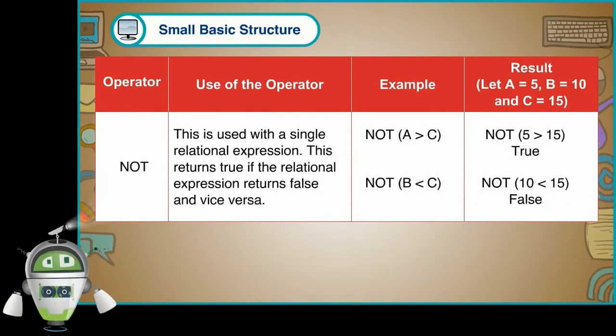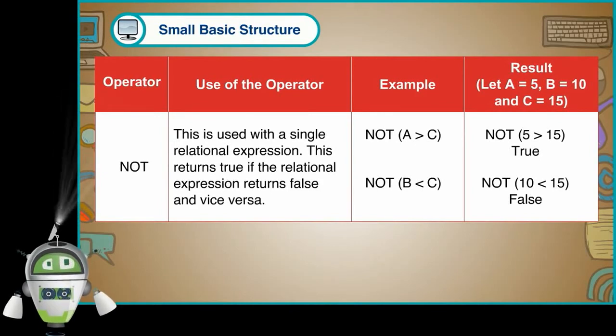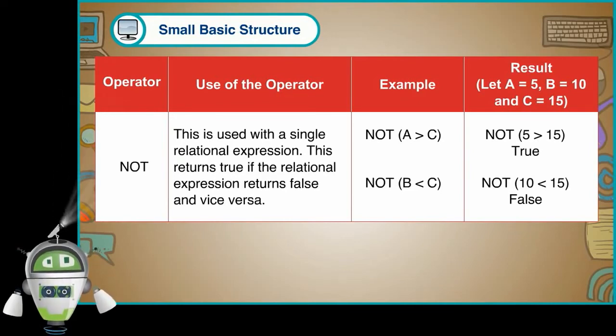Not: this is used with a single relational expression. This returns true if the relational expression returns false and vice versa. Not A is greater than C, not B is less than C. Not 5 is greater than 15, true. Not 10 is less than 15, false.